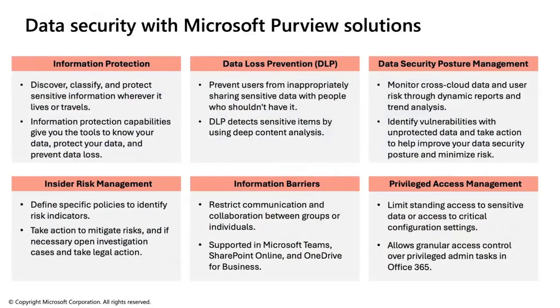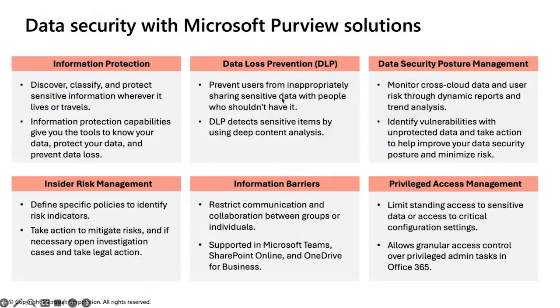It is not designed for controlling sharing. If you have oversharing or data exposure and you want to stop that overexposure or any kind of data sharing activity, information protection will not help. For that, we have to implement DLP, data loss prevention.